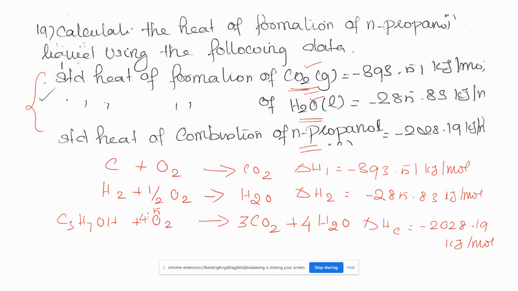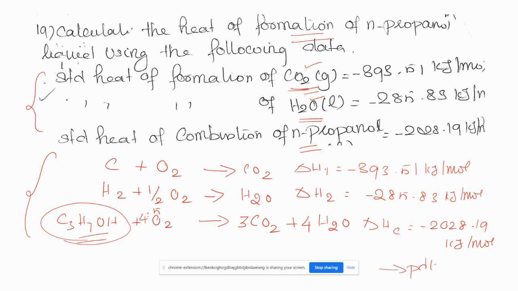Now they have asked us to calculate the heat of formation of N-propanol. In these three reactions, C3H7OH is on the reactant side, but we want an equation where it comes on the product side. So we should solve these three equations in such a way that C3H7OH comes on the product side.